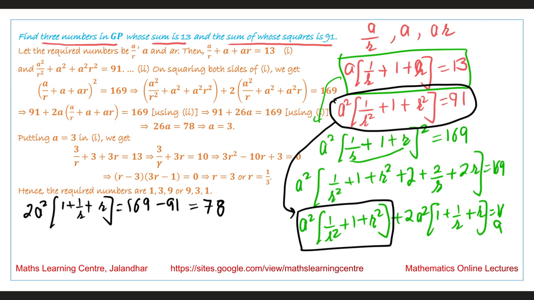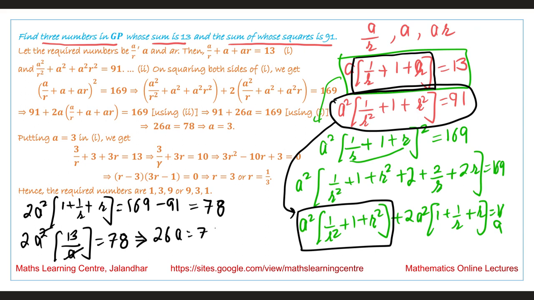And the value of this term, that is 1 plus r plus 1 by r, it is 13 by a, so 2a square into 13 by a is equal to 78. So a gets cancelled over here, a cannot be 0, it is a GP. So what we obtain is that 26a is equal to 78, and this implies a is equal to 3.